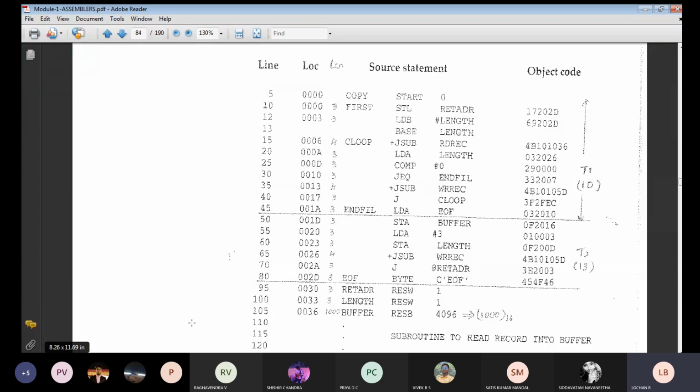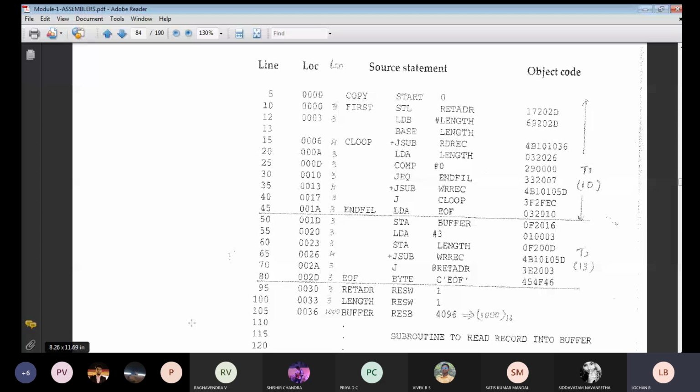I told you that by default most of the instructions will be in your format 3. So then what does format 4 mean? Can you see line number 15? You are going to get plus JSUB.